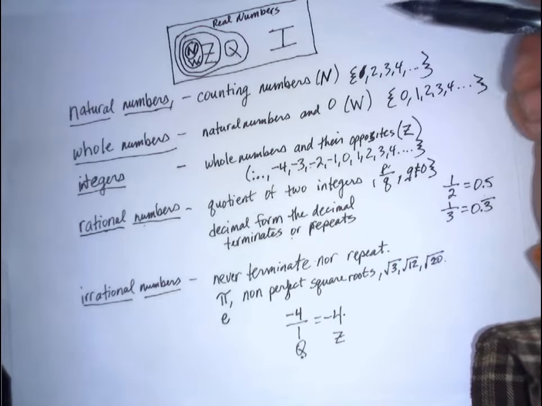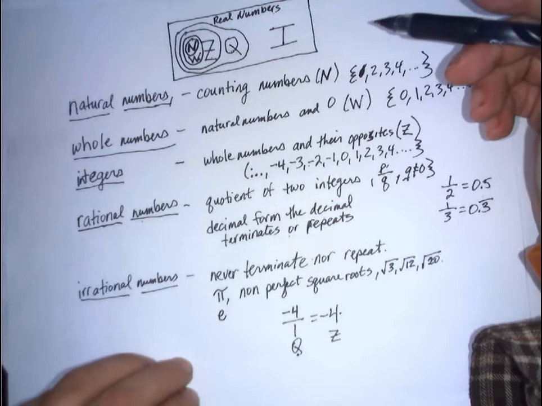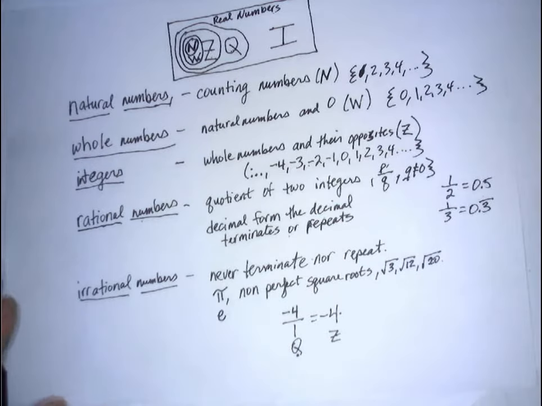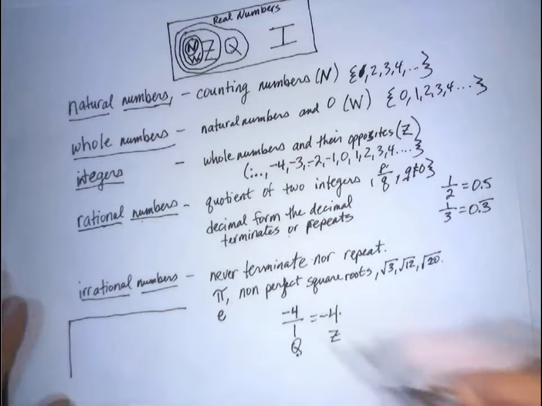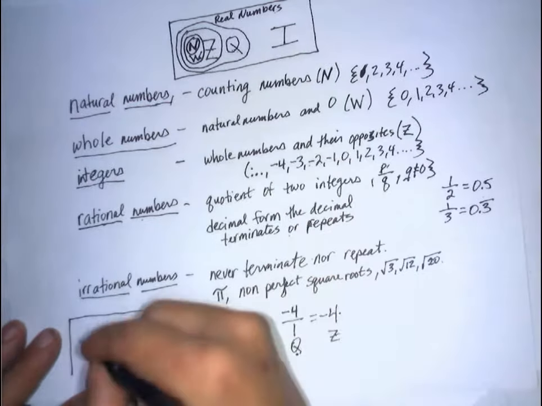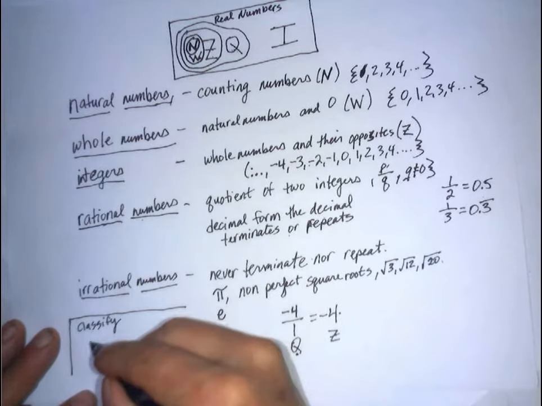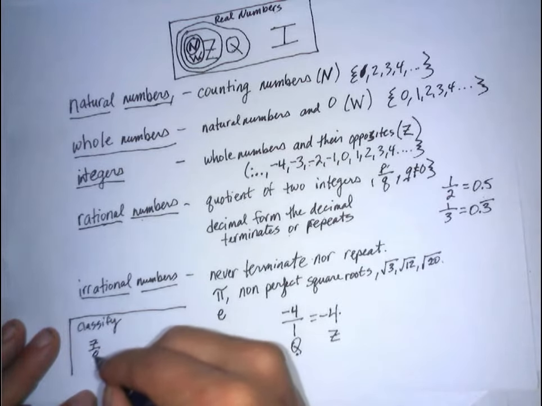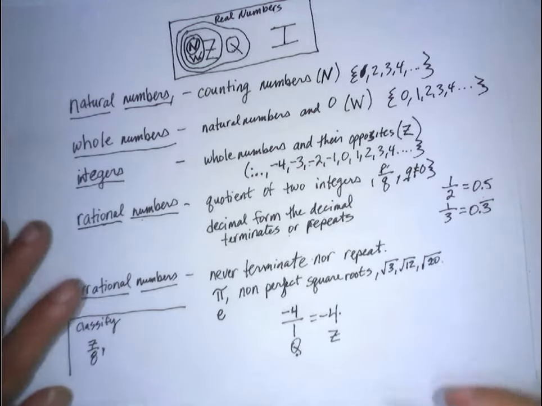So let's look at an example, and we're going to classify these numbers as best as we can according to this chart here. So classify, and the first one we're going to look at is 7/8. We're going to use the symbols.